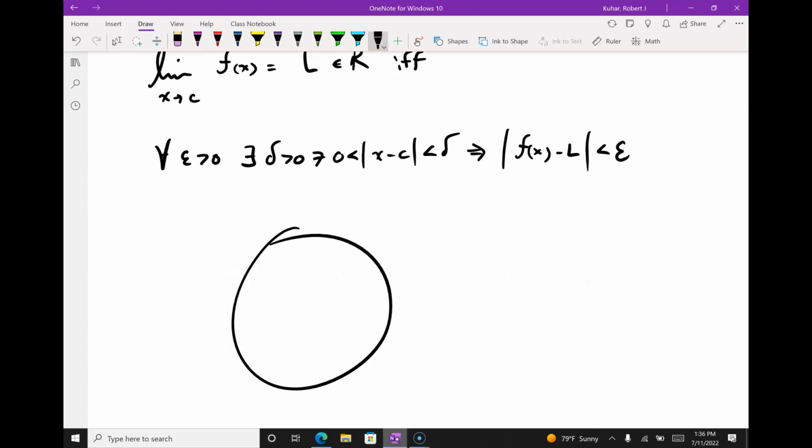For every dartboard, or the arrow, right? For every target, yes? Can you see the target out in the distance I'm shooting the arrow at? Yeah? There exists a bullseye.